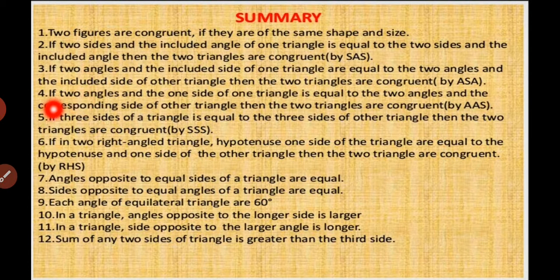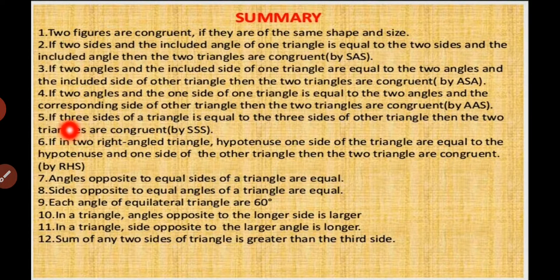Number 4, if two angles and one side of one triangle are equal to the two angles and the corresponding side of the other triangle, then the two triangles are congruent by AAS criteria.